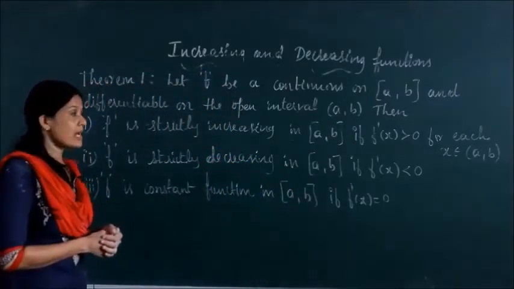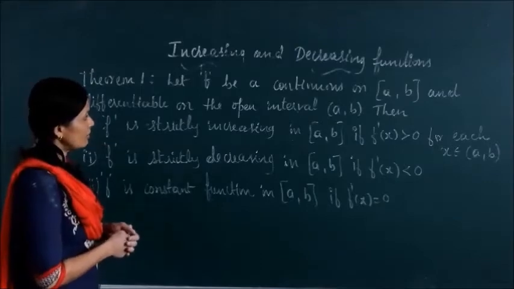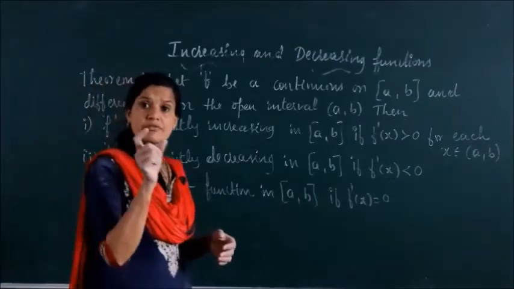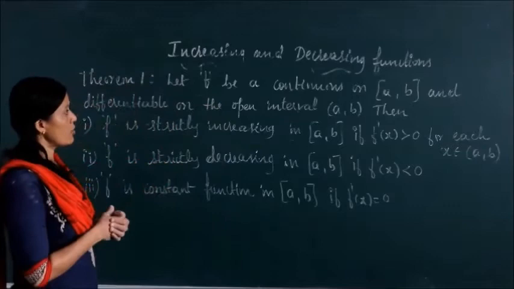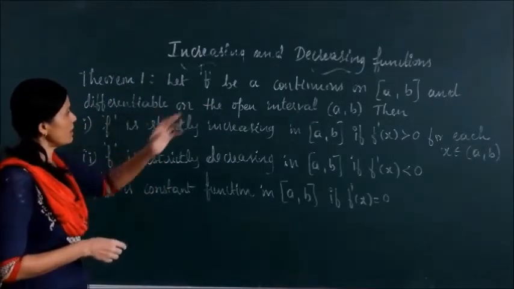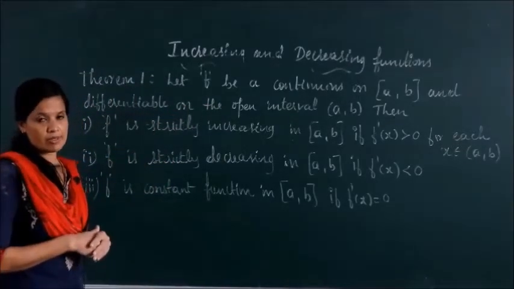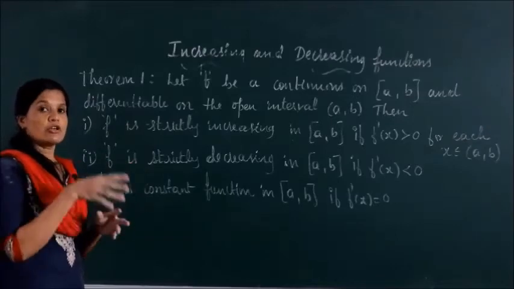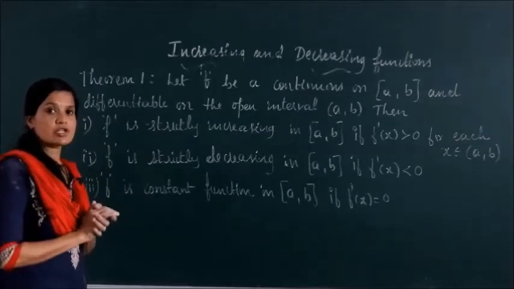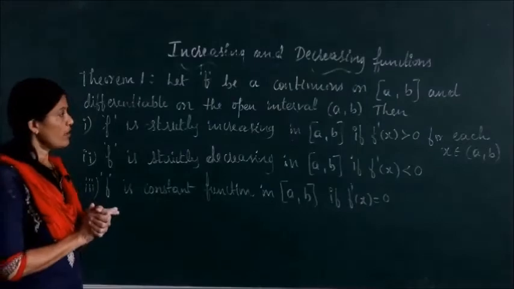So the theorem states that let f be a continuous function in the closed interval a comma b and differentiable in the open interval a comma b. So there is a function given to you, which is a continuous function and a differentiable function.